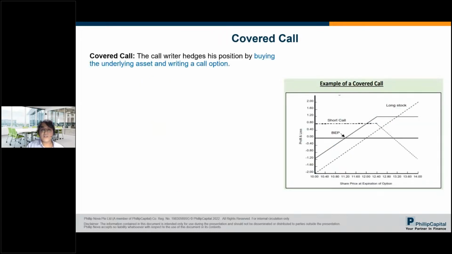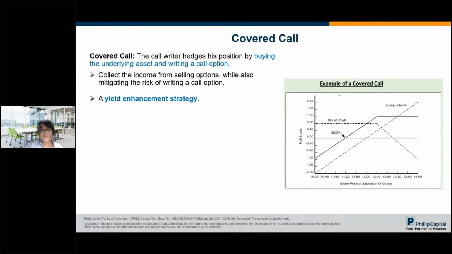On the other hand, we could have a covered call strategy where instead of simply selling a call option, you hedge your position by buying the underlying asset while at the same time writing the call option. And the main benefit is that you'll collect the premiums from selling the call while also offsetting the risk that you have from writing the call option.